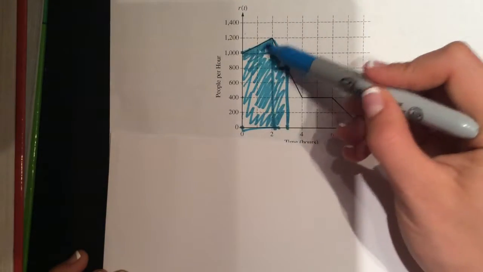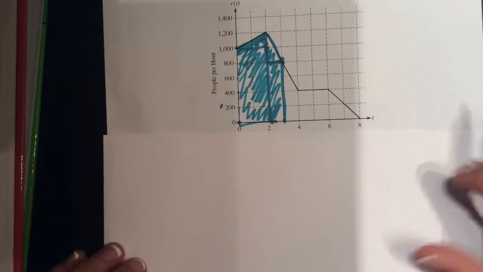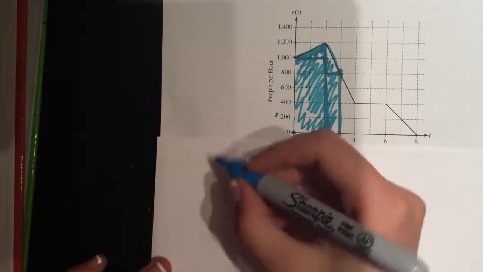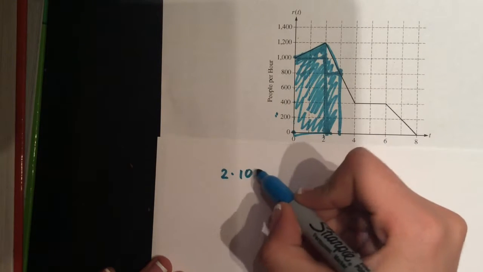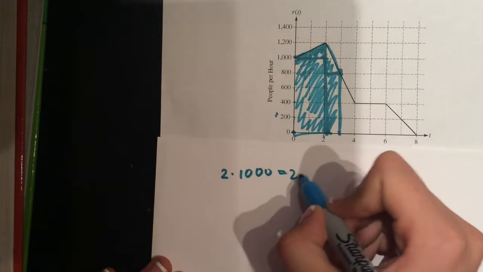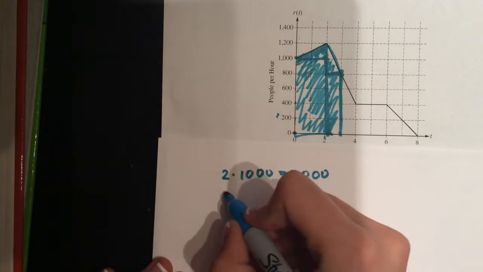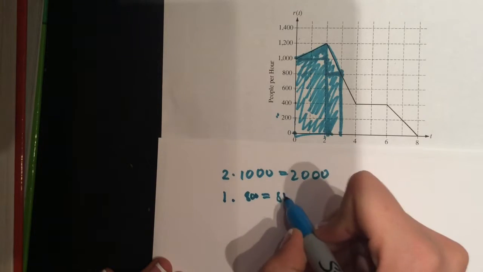And it's two triangles and two rectangles. So then we can just go through, making sure that we see the units on the side there, so that one unit for the y-axis is 200 and not 1. So go through and just add that all together, and then whatever area we get underneath that will be the number of people that arrive during those first 3 hours.